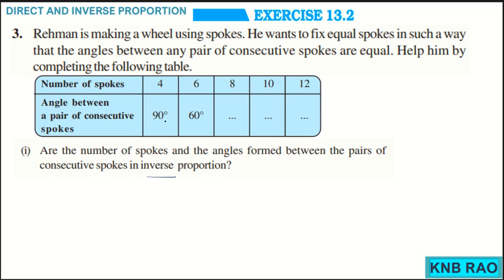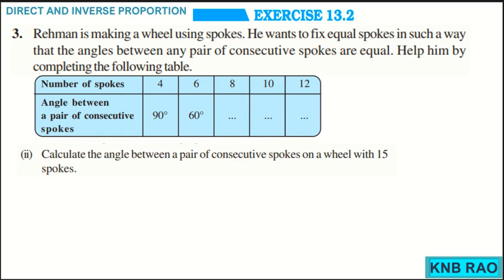You know, for 4 it is 90 degrees, for 6 60 degrees, for 8 45 degrees, for 10 36 degrees, for 12 30 degrees, and you could see as the number of spokes increases, the angle between consecutive pairs of spokes decreases, but the product remains the same. Product is 360 degrees only. So here you could observe that they are inversely proportional, and the answer is yes.